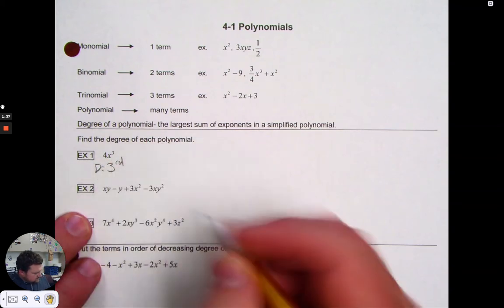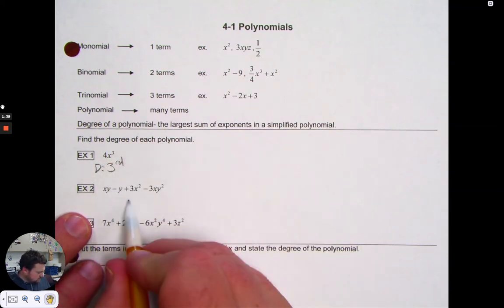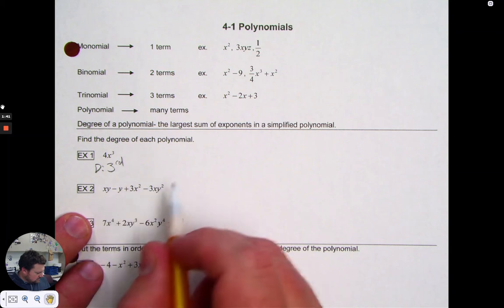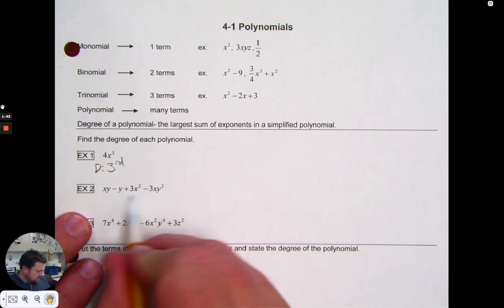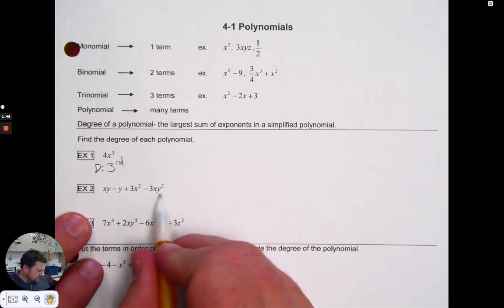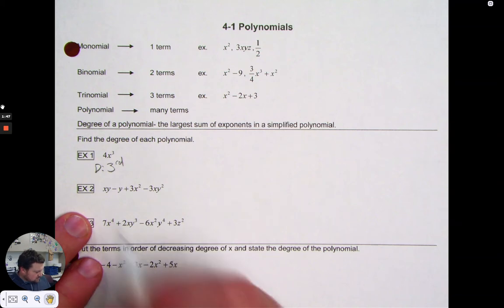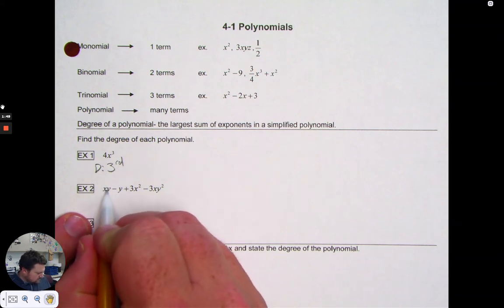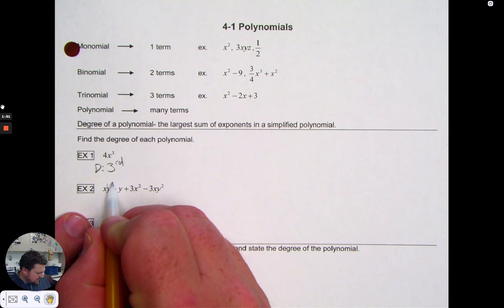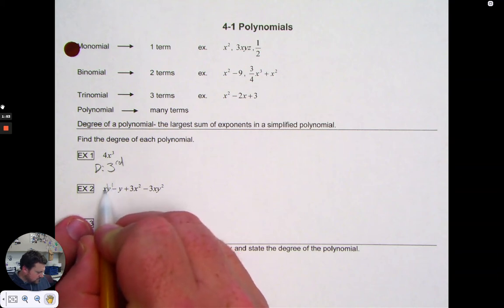So on example 2, we look at this. None of these can be combined. They all have different exponents and variables involved. So we just look at each term by itself. This term, remember, if there's nothing there, it's like having a 1. So x to the first, y to the first, so 1 plus 1 gives us a degree of 2 for that term.